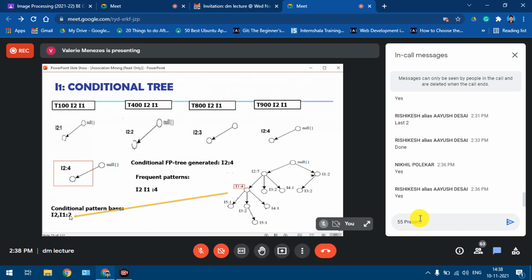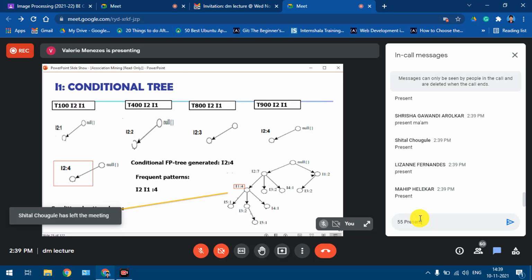Wendell, Mehul, Tanish, Jason, Saish, Rahul, Lakshmi, Rishikesh, Lizanne, Shrisha, Sheetal, Mahip, Savita, Virisha.